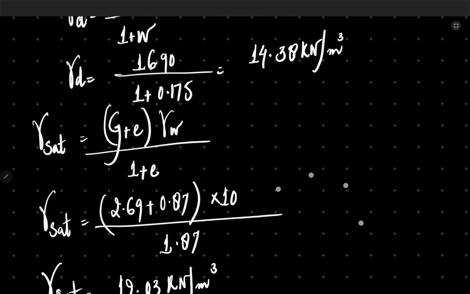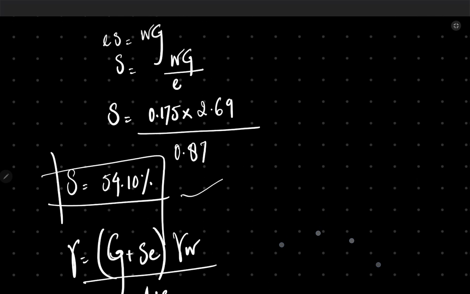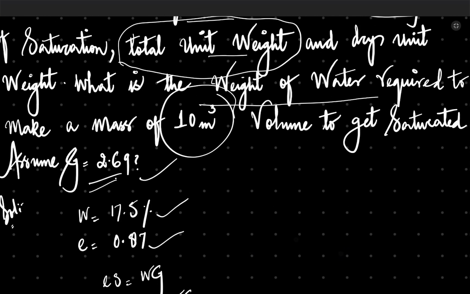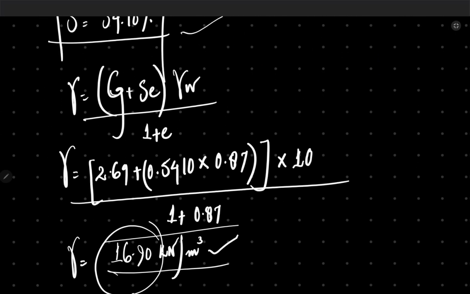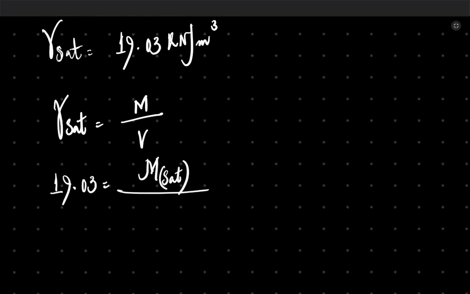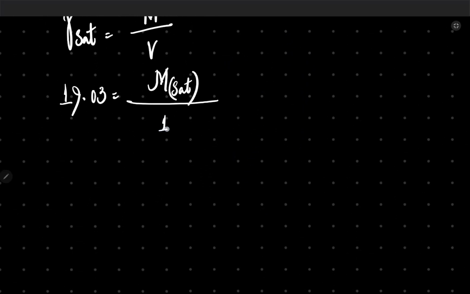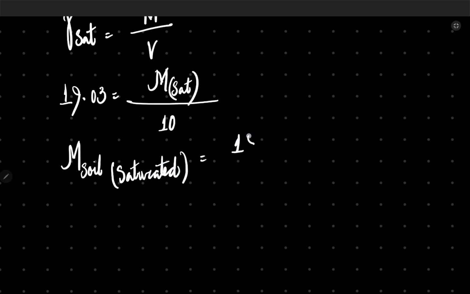We have been asked to find how much water we require to add to 10 cubic meter volume of this soil to get fully saturated. So volume is 10. So by calculations, mass of the soil in saturated state is equivalent to 190.3 kilonewton.